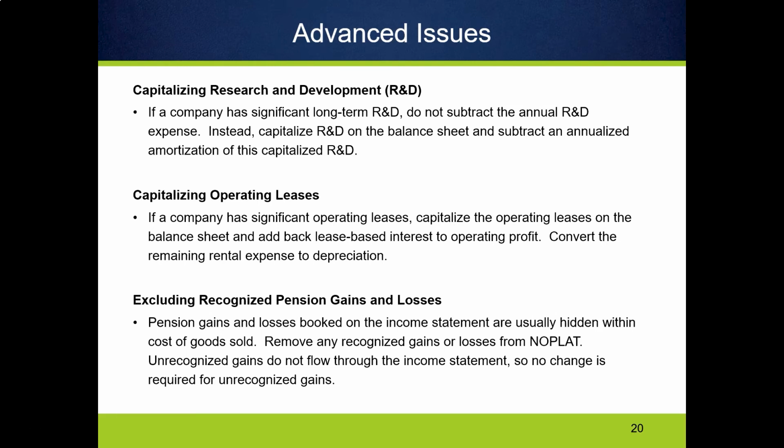And they hire a bunch of actuaries, a bunch of people, to determine how big the pension plan needs to be in order to cover all of the retirement expenses for the employees. And if the stock account for the pension plan exceeds that value, they consider it a pension gain, and they use that to reduce their expenses. And if there's a loss, then they consider that a cost because the employer has to contribute more money, and so they put that into cost of goods sold.